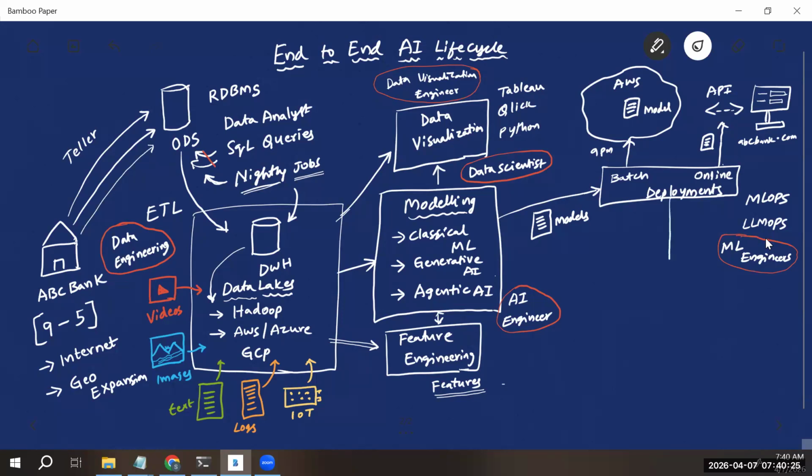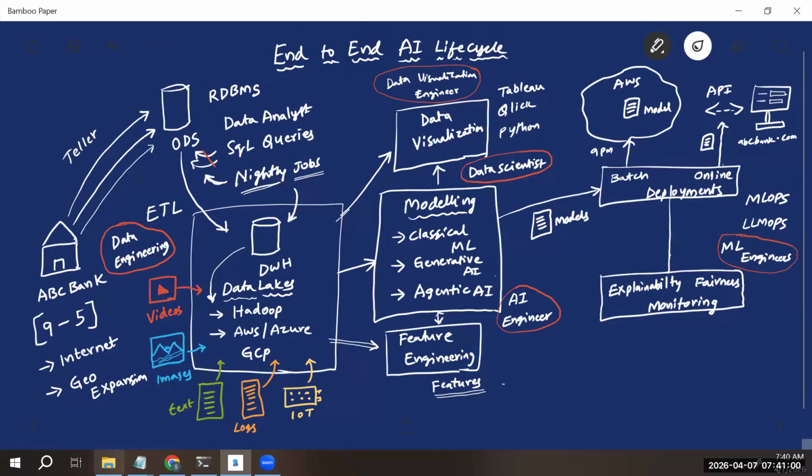ML engineers also do one more connected thing, which is called monitoring. Monitoring is where you talk about explainability and fairness.